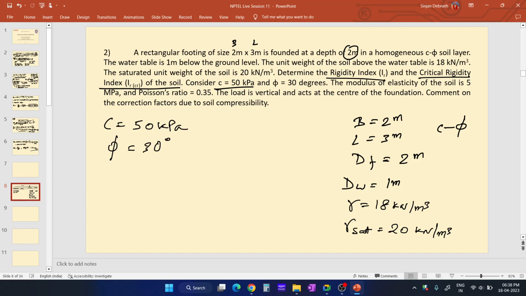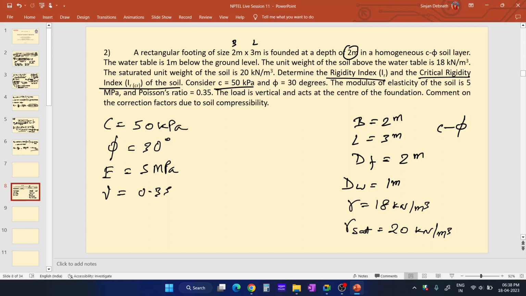So modulus of elasticity of the soil, that is E value, is around 5 MPa, and the Poisson's ratio is around 0.35.